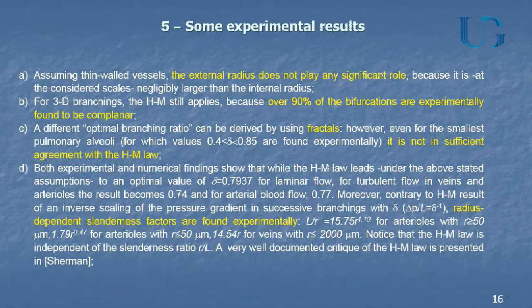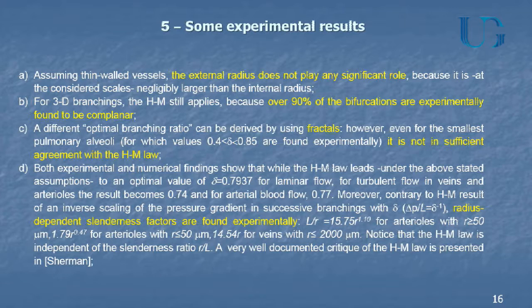But moreover, much more important, the pressure gradients in successive branchings do not scale only with radius. Experimentally, you find out that they scale also with length, which is, by the way, rather intuitive. Okay? So the Hess-Murray law predicts a delta P function of R only.